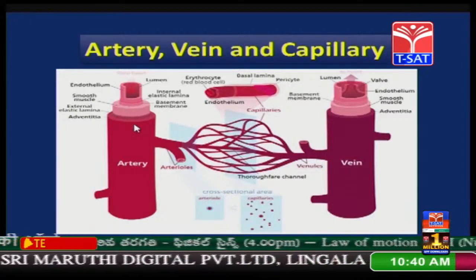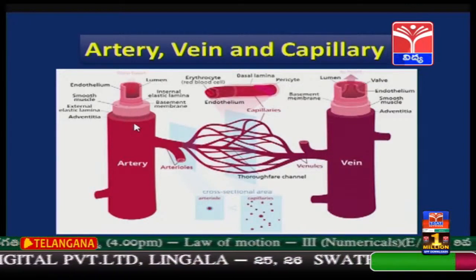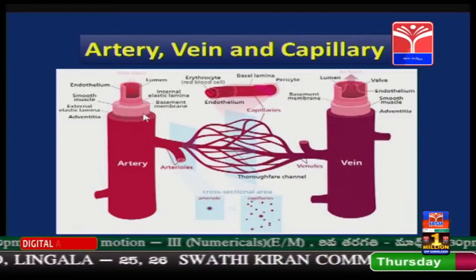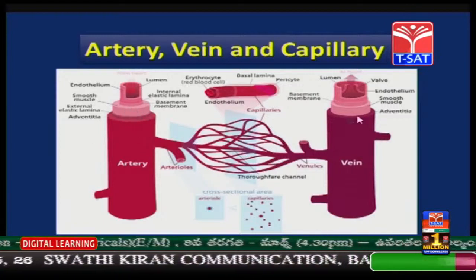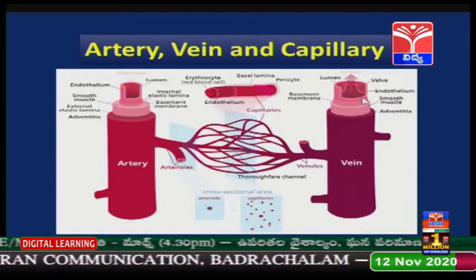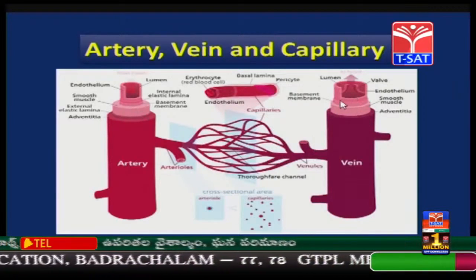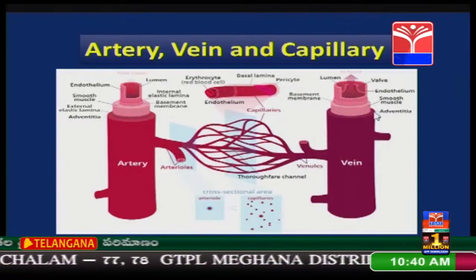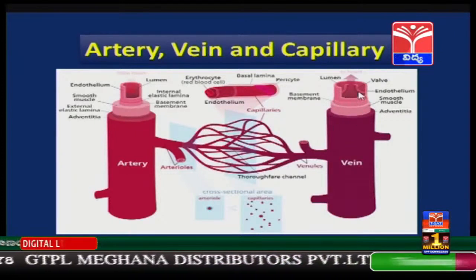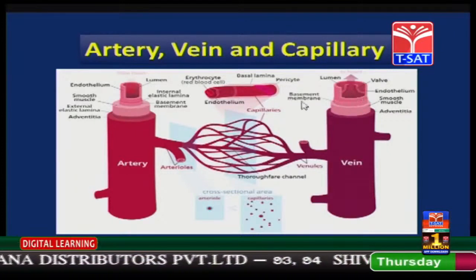So, there is no force of gravity acting against it, and the valves are absent. Whereas in veins the gravitational force is acting, so to overcome it the veins are provided with valves.